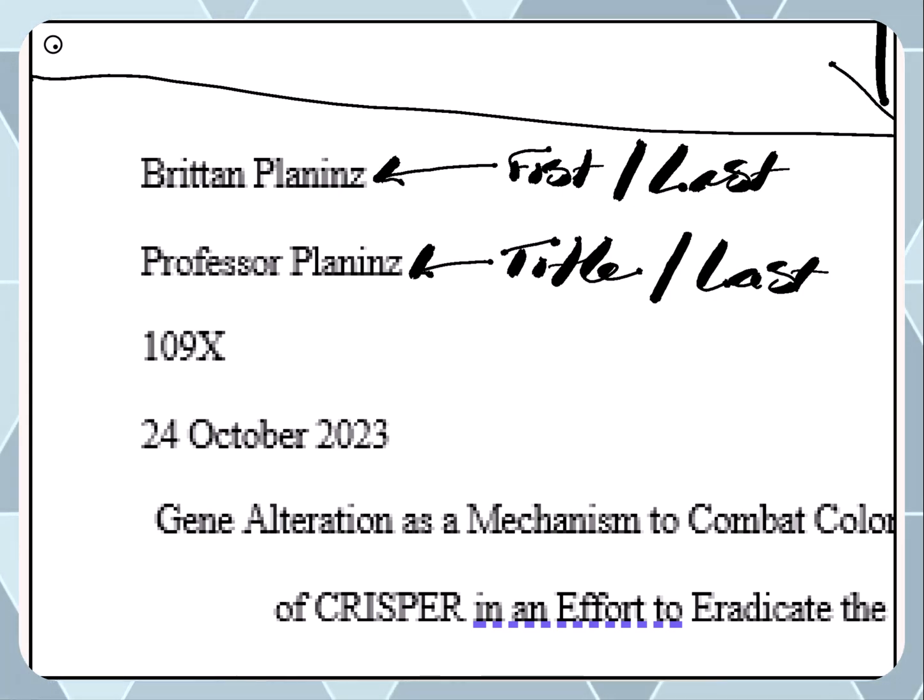If your instructor has a PhD or some sort of doctorate, then they will be called Doctor last name. And you will not spell out doctor completely. It will simply be DR and then last name. So that's important.